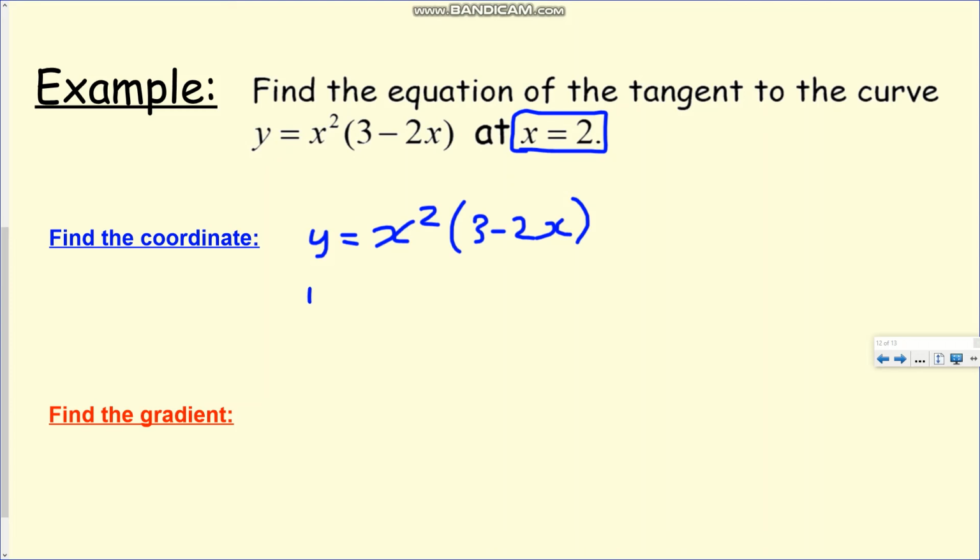So I'm going to rewrite this function here, but instead of putting in x squared, I'll put in 2 squared because x is equal to 2. And instead of 2x, I'm going to put minus 2 times 2. If you work this through, 2 squared is equal to 4. We're multiplying 4 by 3, take away 4.